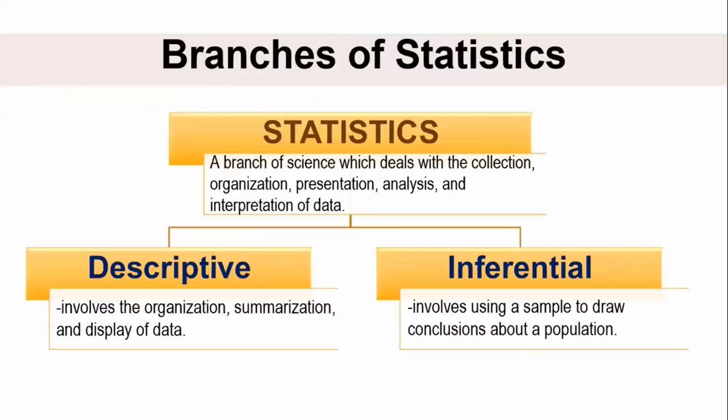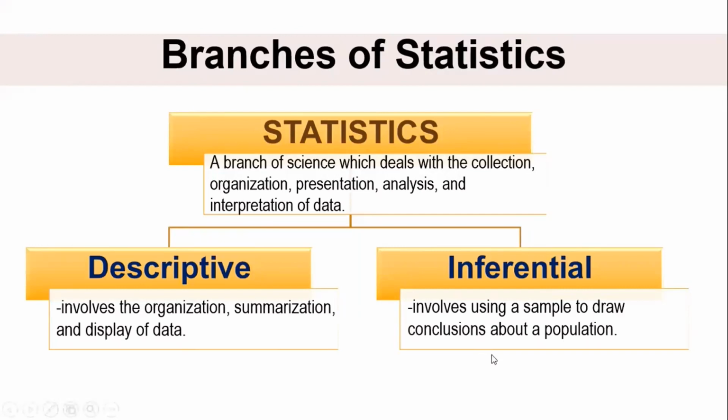If you can still recall our first discussion, we have two branches of statistics. One is what we call descriptive statistics. This involves the organization, summarization, and display of data. If you are utilizing frequencies, ranks, measures of central tendency, measures of variability, percents or percentages, that's descriptive.